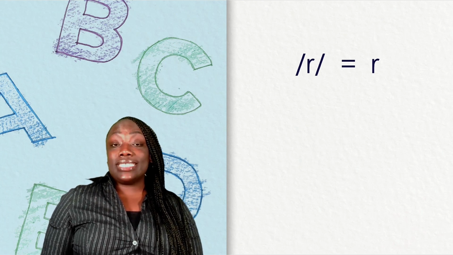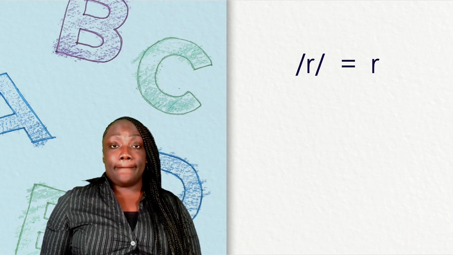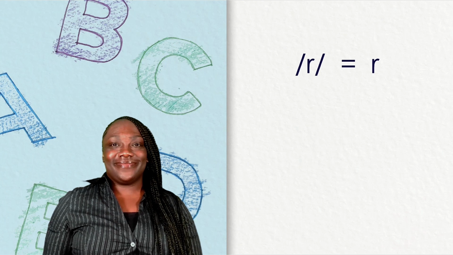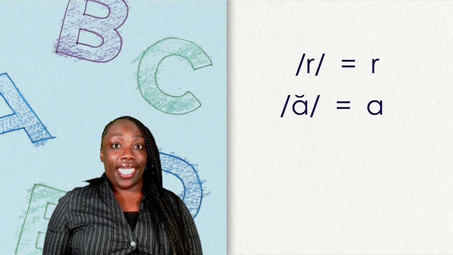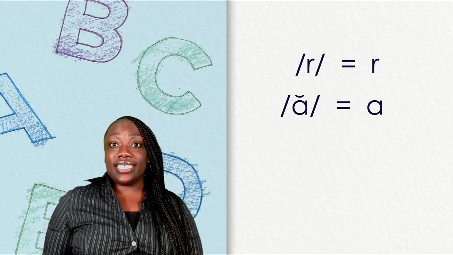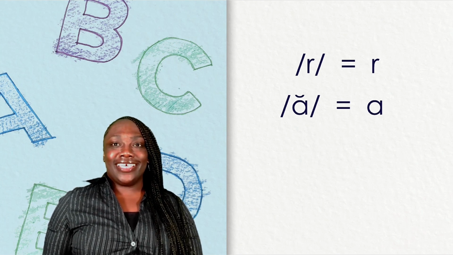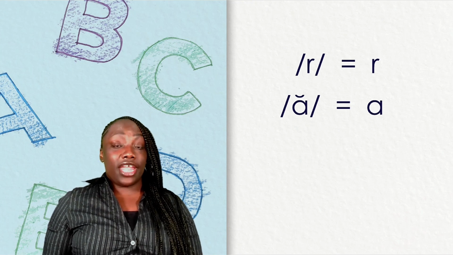What sound comes next in ram? If you were thinking that it's the letter A for the short A sound, you got it. What did you notice about the letter A in this word?